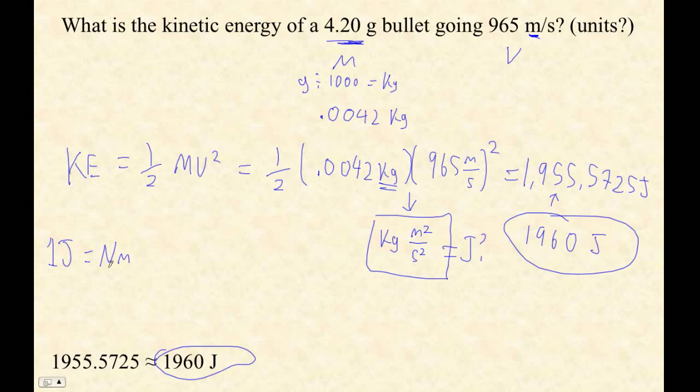And a Newton is force, and F equals ma, so m is kilograms and a is meters per second squared. So a Newton is a kilogram meter per second squared, and then that's times meters. Indeed, that's kilogram meters squared over seconds squared. So that's more than you ever really wanted to know, but these are clearly the same.